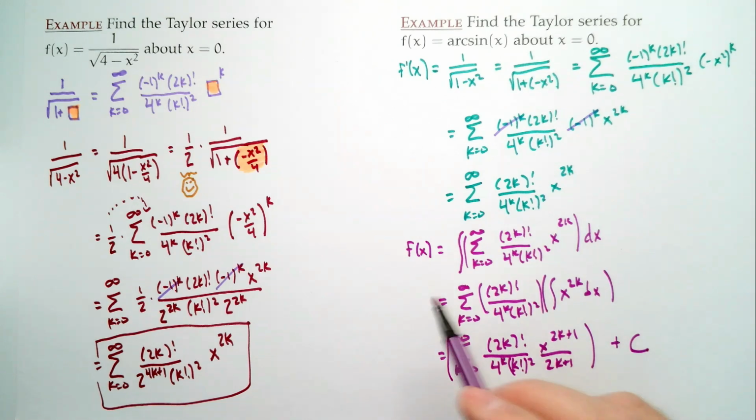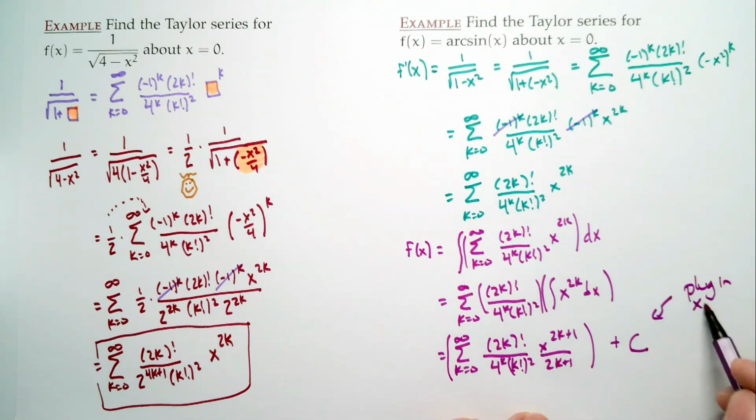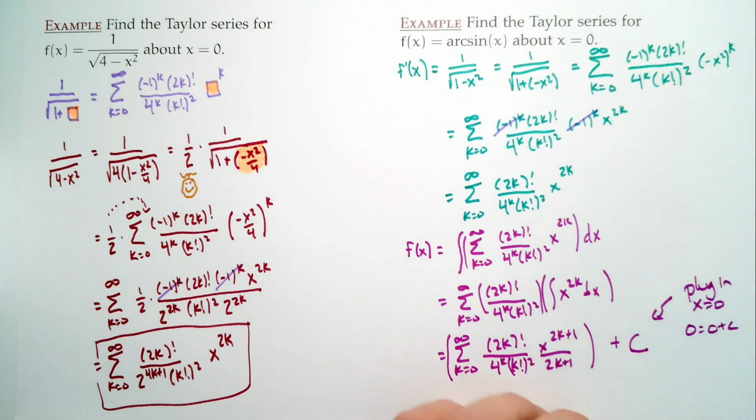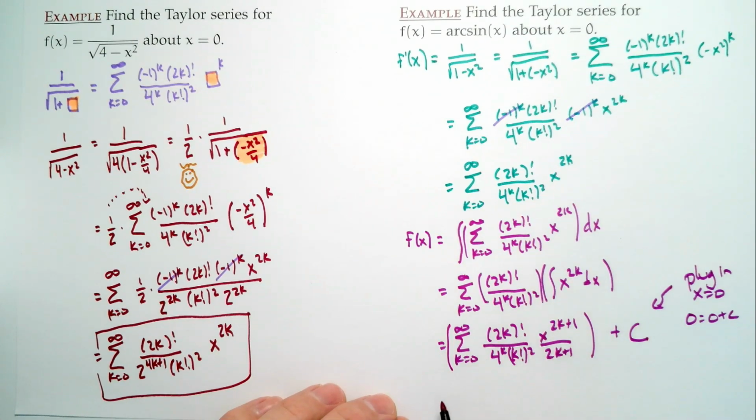And so you get 0 is equal to 0 plus c, and therefore c equals 0. And therefore, lo and behold, our final answer is in fact this sum, k from 0 to infinity, 2k factorial over 4 to the k, k factorial squared, x to the power 2k plus 1, divided by 2k plus 1.